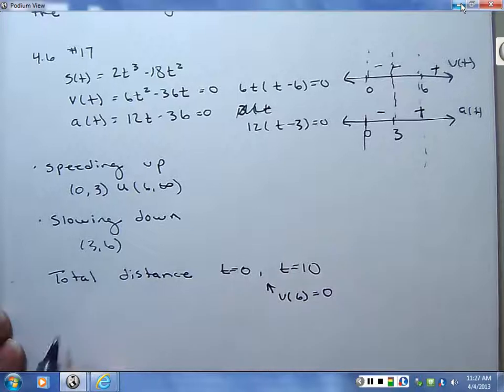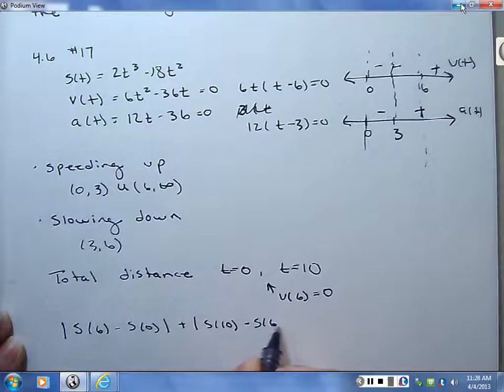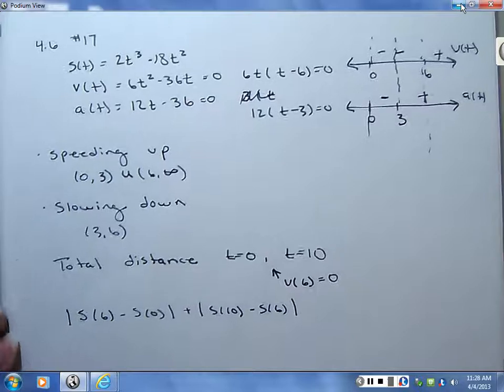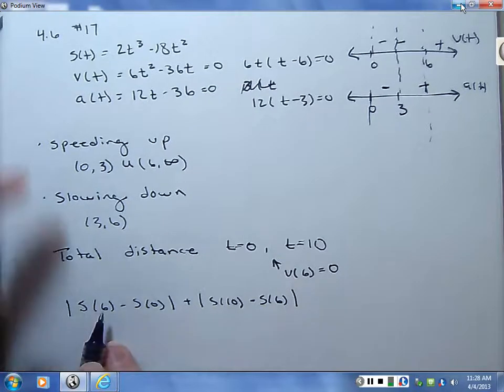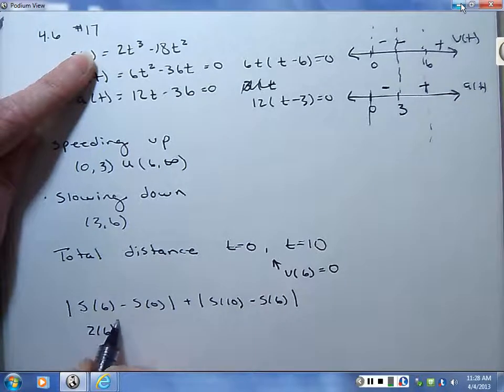So I have to do the position at 6 minus the position at 0, plus the position at 10 minus the position at 6. What would be the position at 6? What would be 2 times 6 cubed minus 18 times 6 squared?